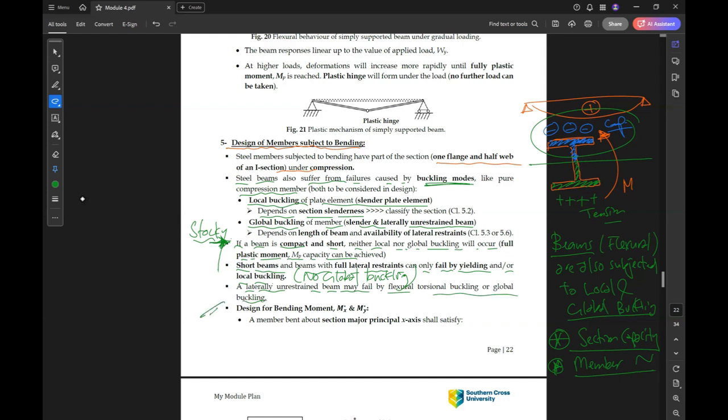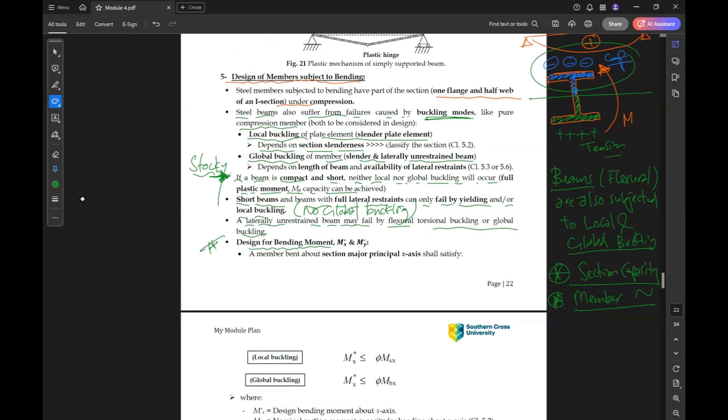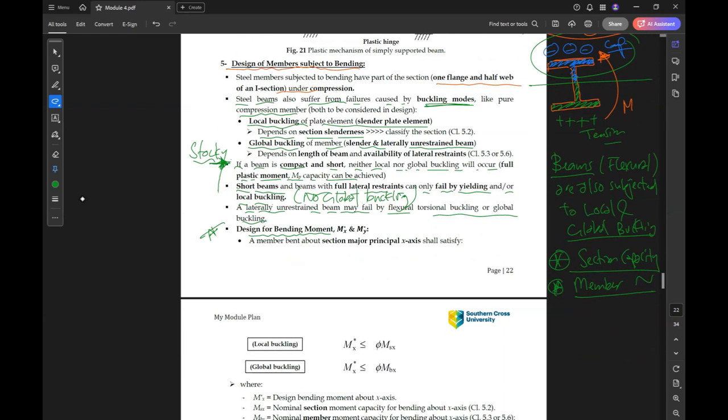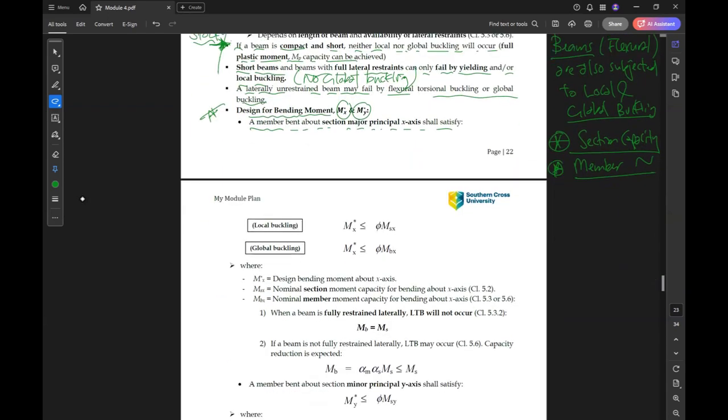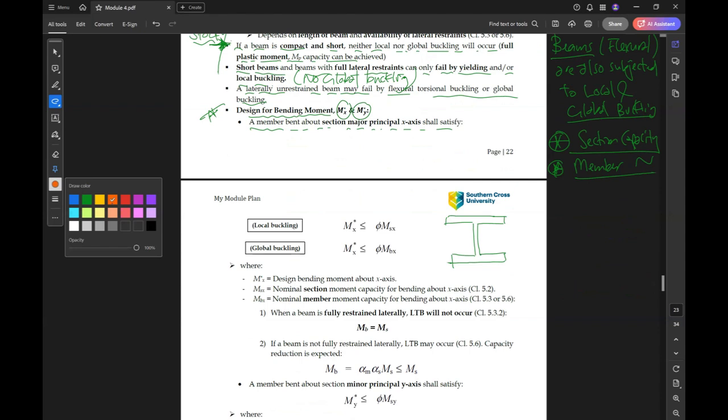Okay, so now let's start the design procedure for bending moment. Design for bending moment, MX or MY. A member bent about the section major principal X axis shall satisfy the following. If we have a cross section like that, we have two axes, X axis and Y axis.